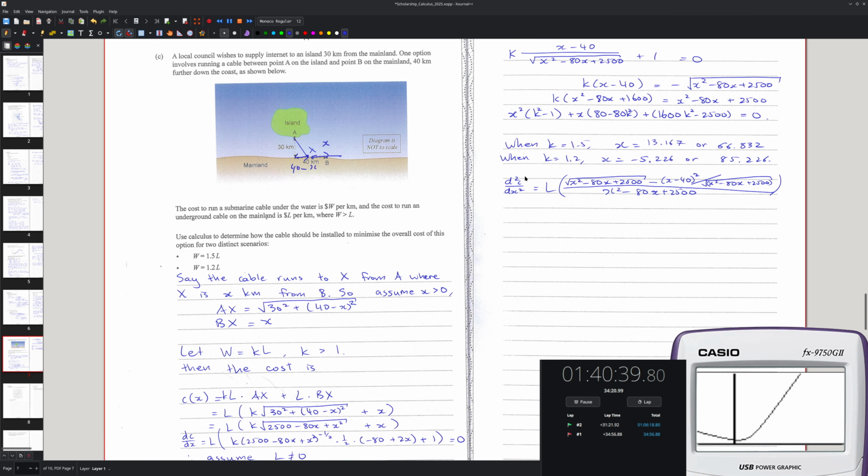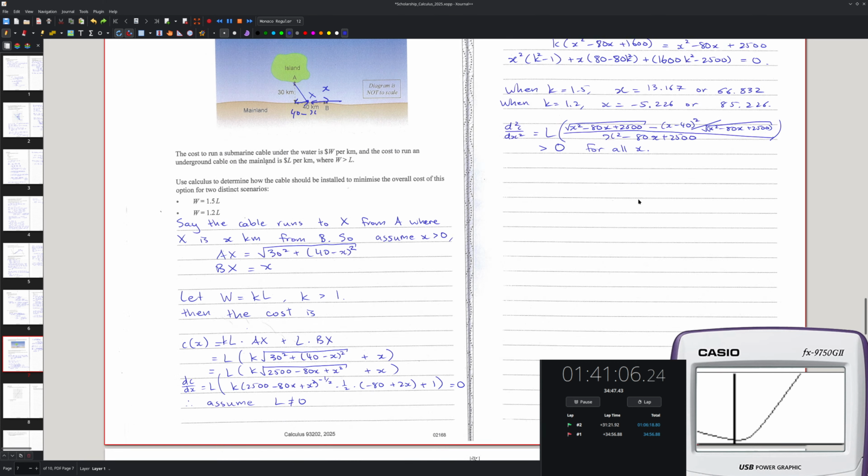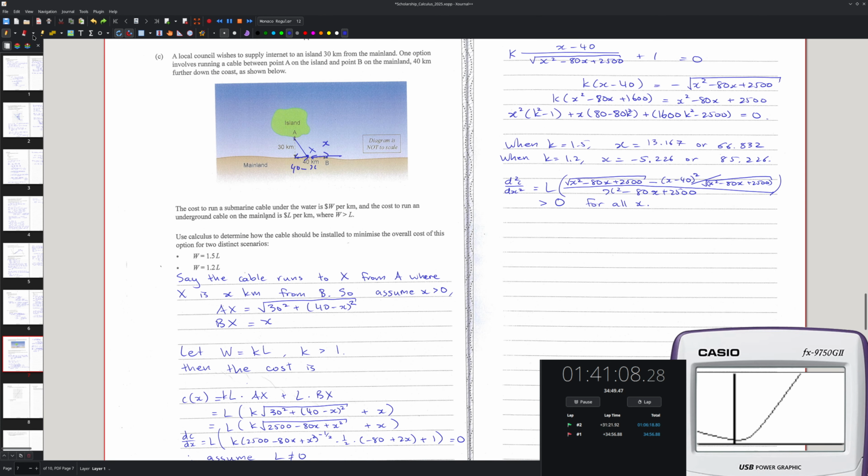So this second derivative is always 0 for all x, because x squared minus 80x plus 2500 is x minus 40 squared. Wait, no, because you got that x minus 40 squared, right? Hmm.